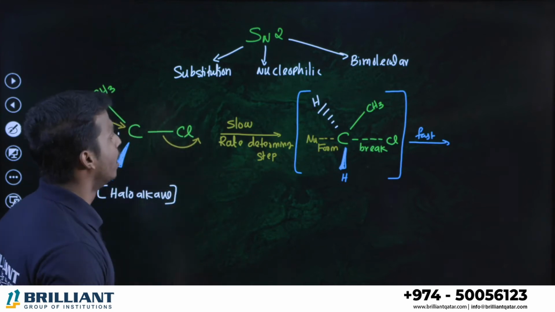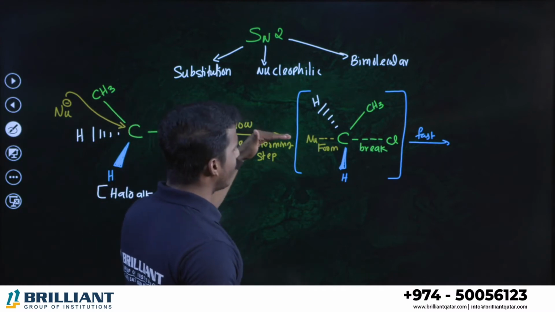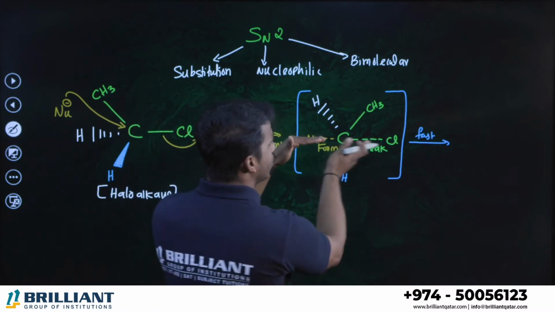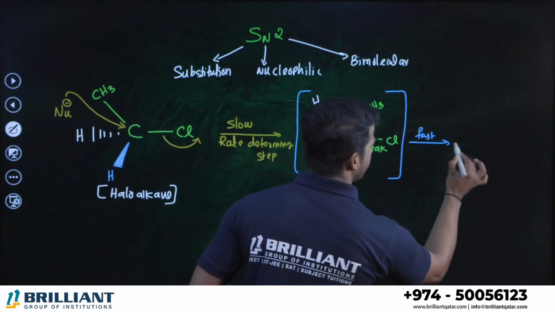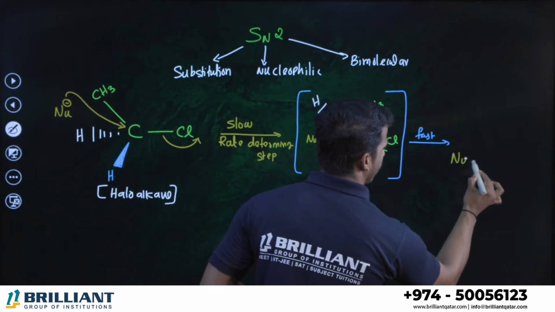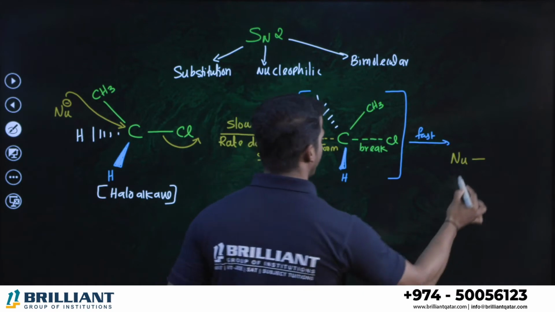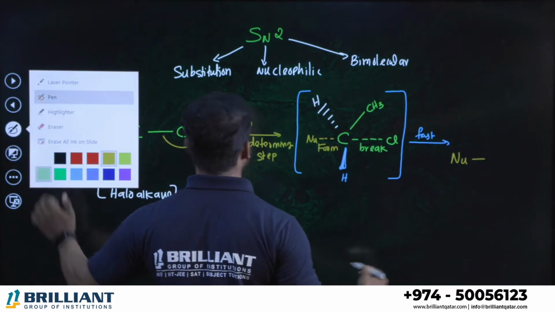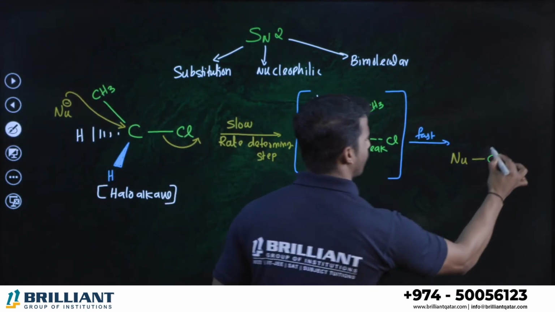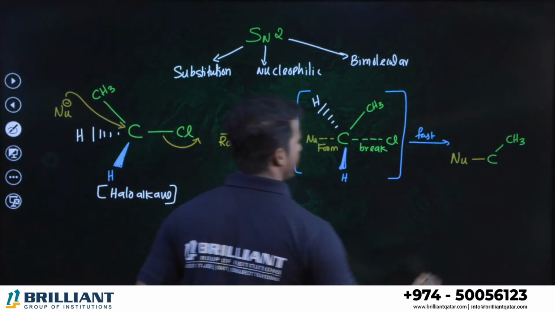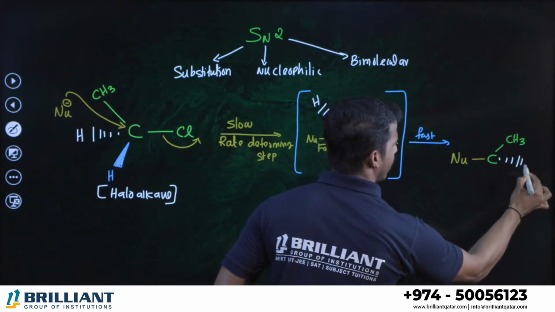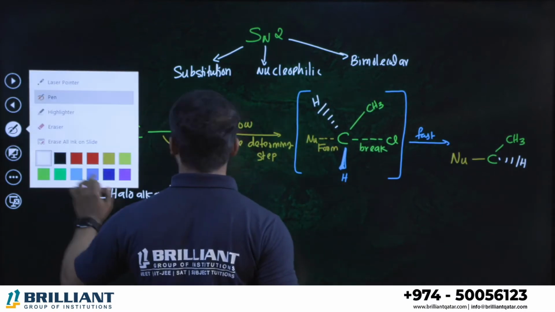The nucleophile makes a bond and the chlorine leaves. After the reaction, you get the product like this. The nucleophile makes the bond. On the carbon there is a CH3 group and a hydrogen, and the remaining hydrogen.